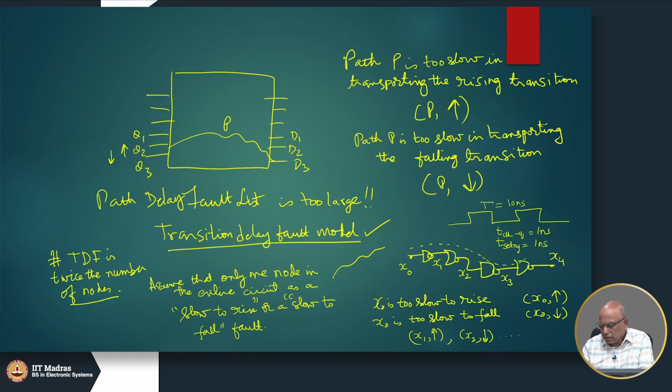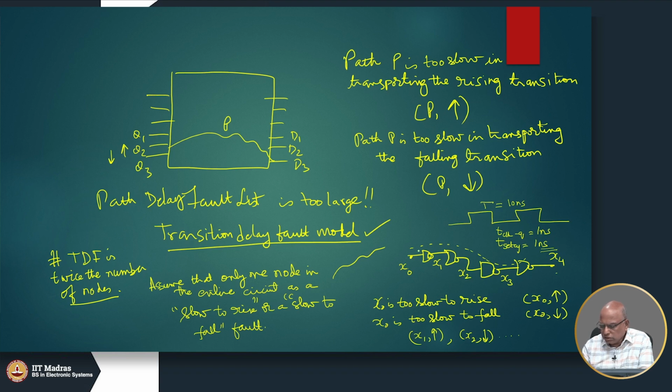In the transition delay fault model, we will assume that one particular node has a very large delay which causes this constraint to fail, that the total delay from x0 to x4 should be less than 8 nanoseconds. So, 10 nanoseconds minus 2 nanoseconds is 8 nanoseconds.